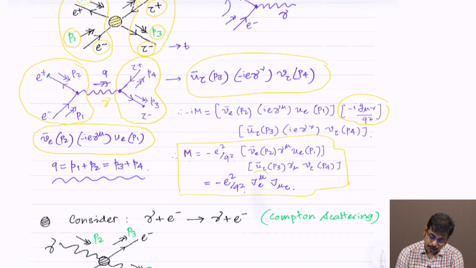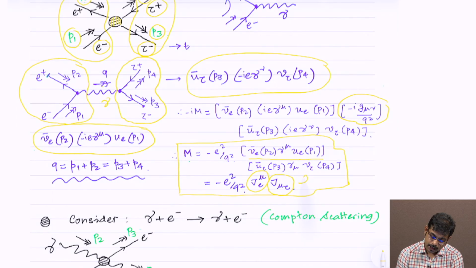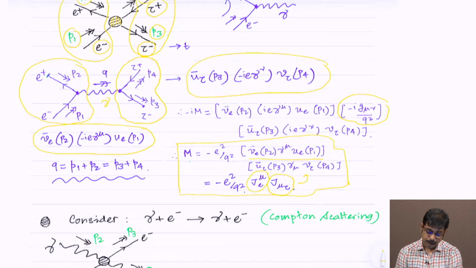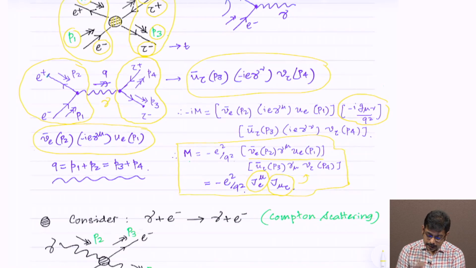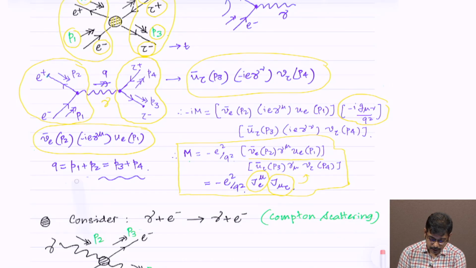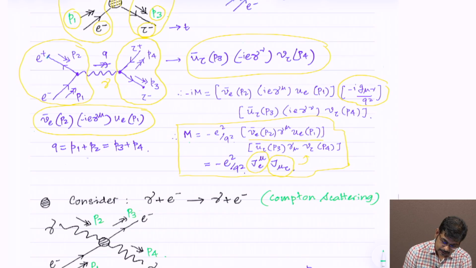However, this j mu e will involve this v e bar P2 gamma mu u e, and this j mu tau will essentially be this u tau bar P3 gamma mu v tau, right. Now, there is one interesting point that I would like to mention before I move further, which is that this kind of graph takes a shape like so.